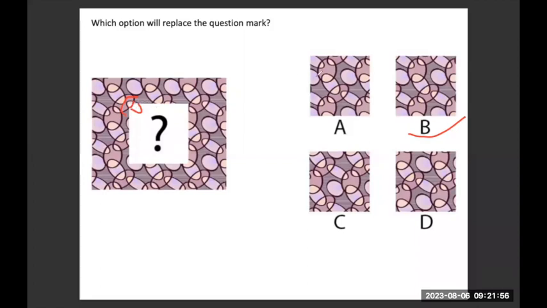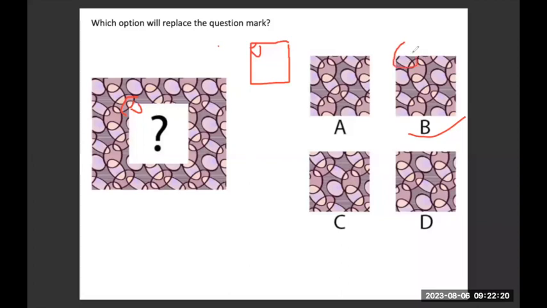So in this case, all I need to do is find the condition where, in the box along the corner, I get an arch and I get this part. This arch is very small, it's not so big. So this condition only appears in B.